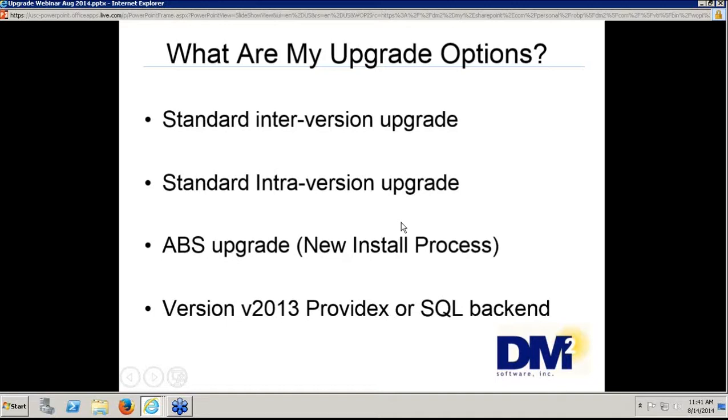Your server is getting outdated. You need new technology for multiple reasons. The MAS system may or may not be compatible with a new server operating system. So it's very, very important that you contact someone at DM2 to get a hold of that supported platform matrix document to make sure that what you need to do or want to do is going to be compatible, because that directly relates to your continued support of your ERP system.